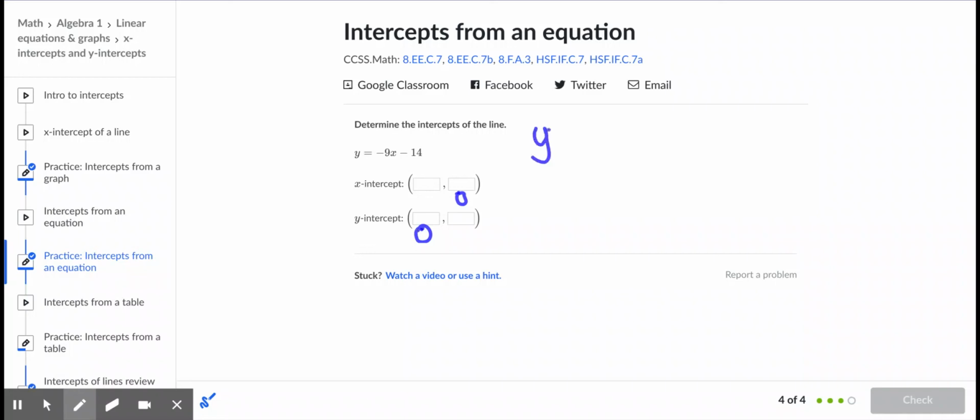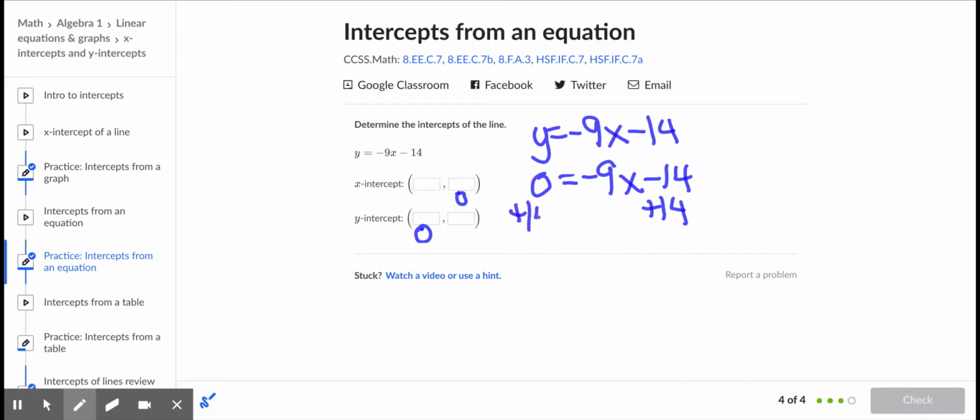So y is equal to negative 9x minus 14. I'm going to take out my y and put in a 0. 0 is equal to negative 9x minus 14. The opposite of subtracting 14 is to add 14 here, add 14 here.